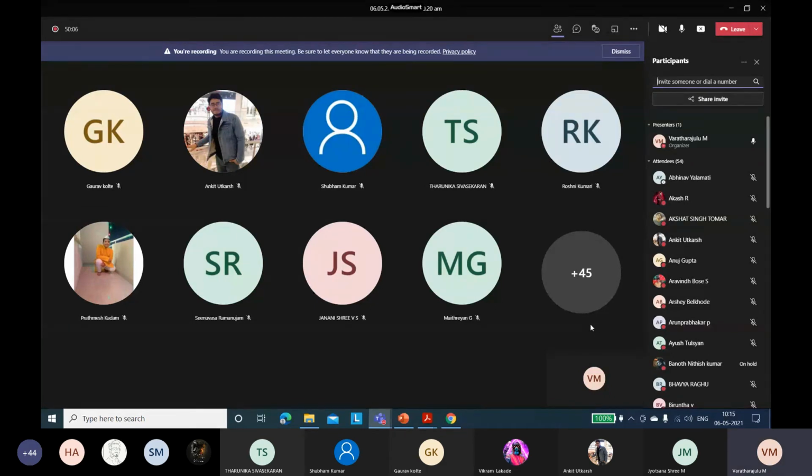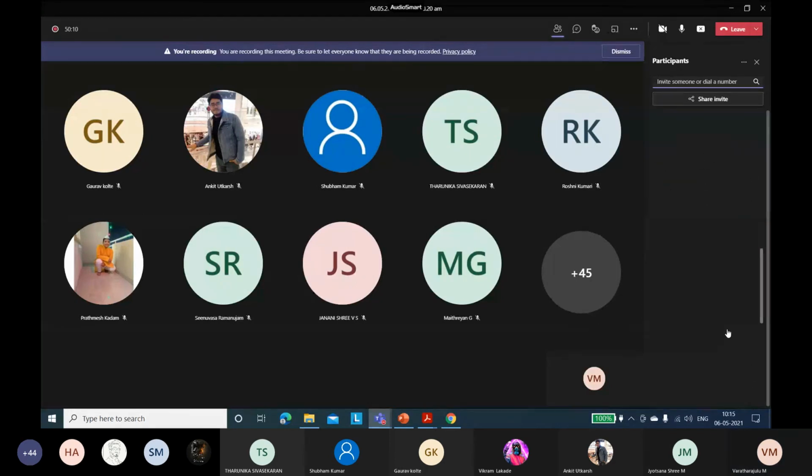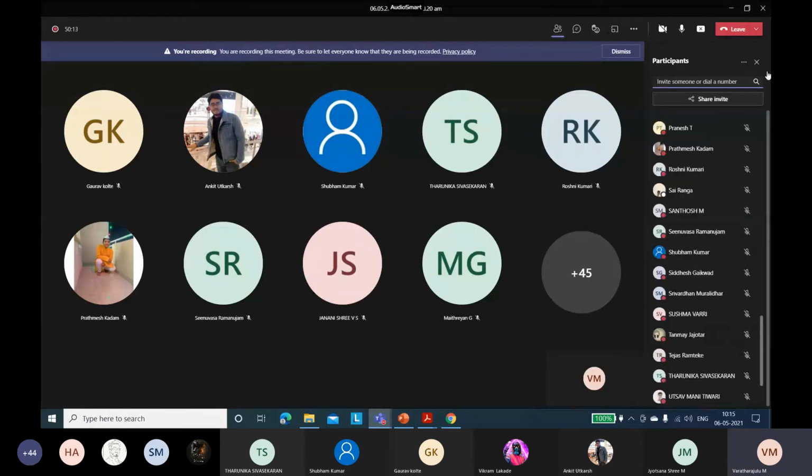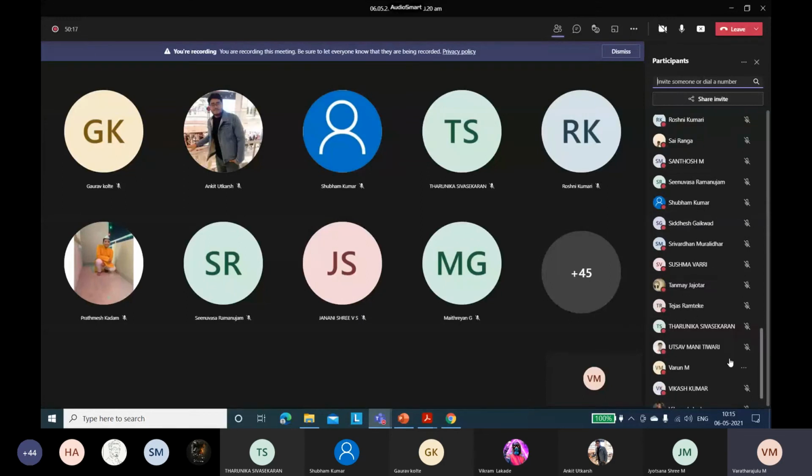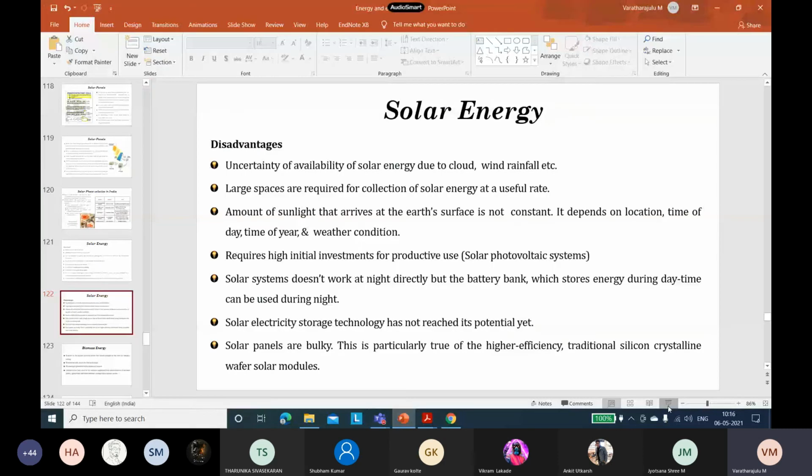Srinivasa Ramanujam. Tejas Ram? Arun? Maitreyan? Yes, sir. Maitreyan, is it audible? Yes, sir. Okay. Do you have any doubts with the solar system, solar cell? No, sir. Okay. Shall I go ahead? Yes, sir. Okay.